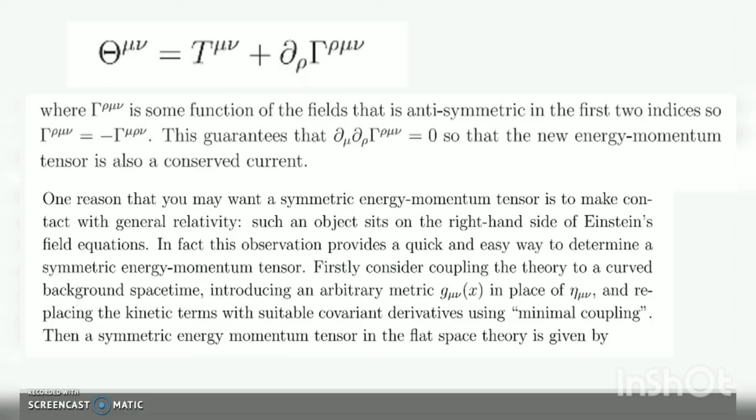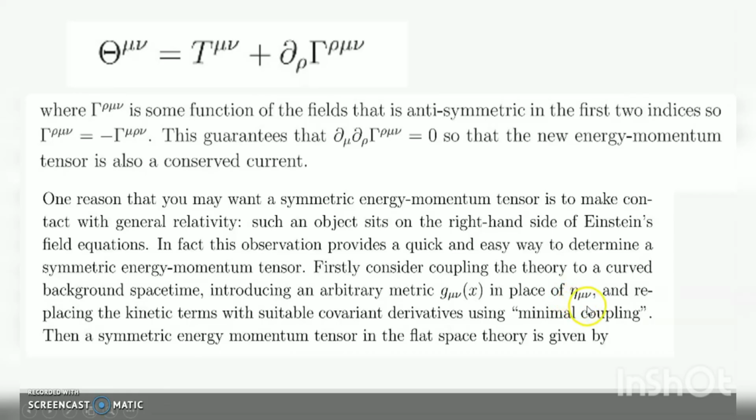Firstly, consider coupling the theory to a curved background spacetime, introducing an arbitrary metric g_mu nu(x) in place of eta_mu nu, and replacing the derivatives with suitable covariant derivatives using minimal coupling.